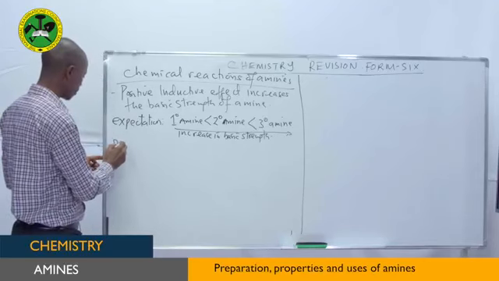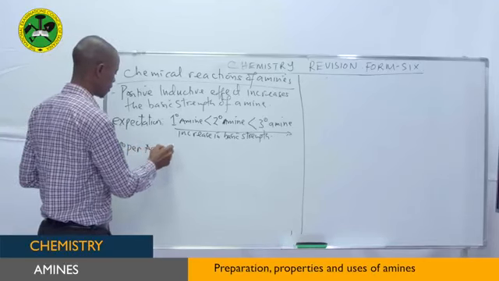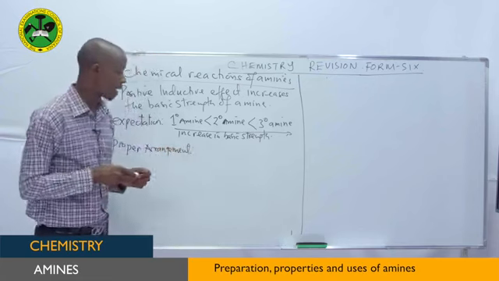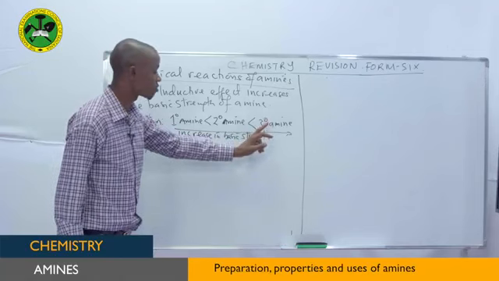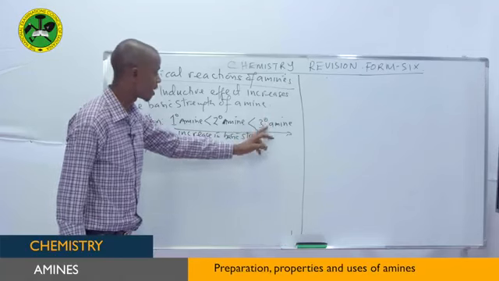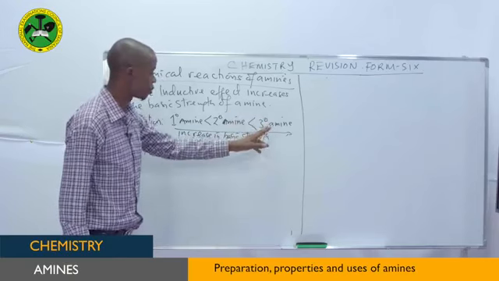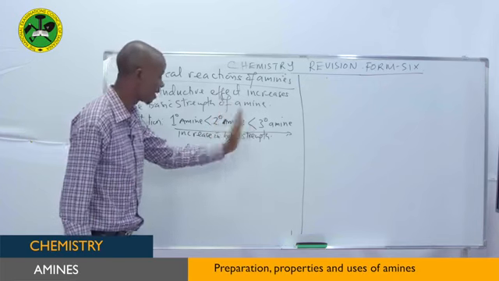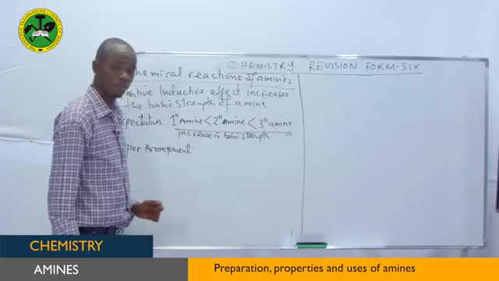Now, the proper arrangement: we are expecting the tertiary amine to be the weakest base of all because of the steric hindrance of the nitrogen atom to the Lewis acid, because it experiences steric hindrance from 3 different alkyl groups.